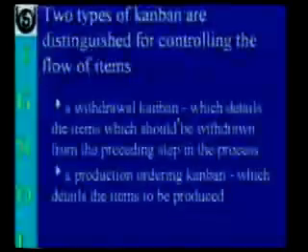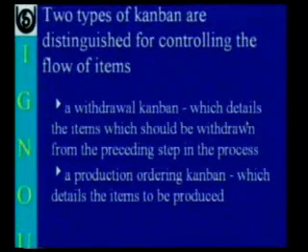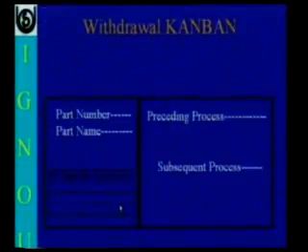In withdrawal Kanban system, there is a detail of the item which should be withdrawn from the preceding step in the process. A production ordering Kanban system details the item to be produced. Now this is an example of a withdrawal system. Here the part number is mentioned, part name is mentioned, and the different other specifications needed should be given in this block.